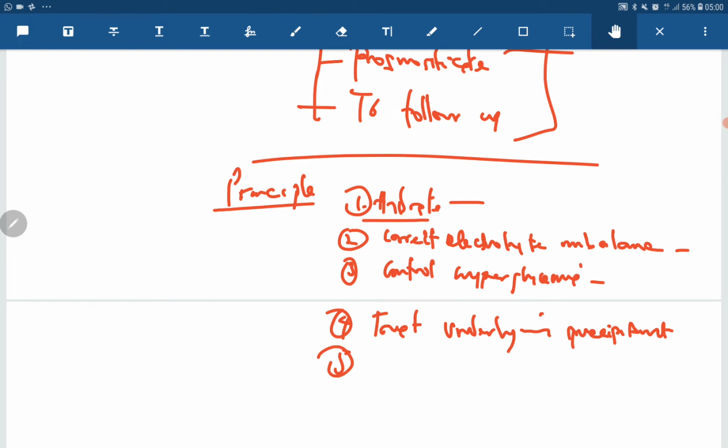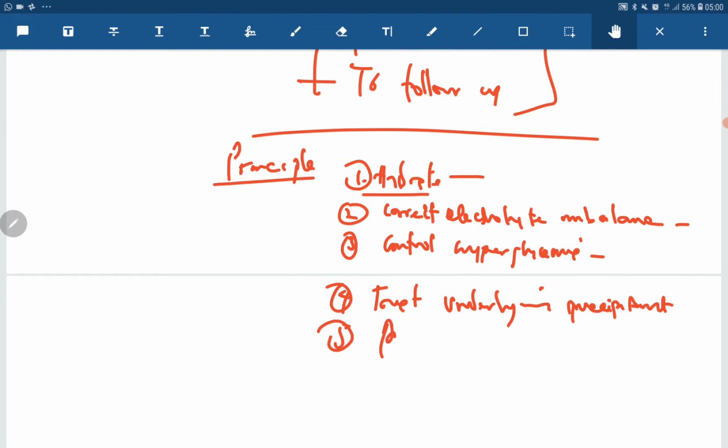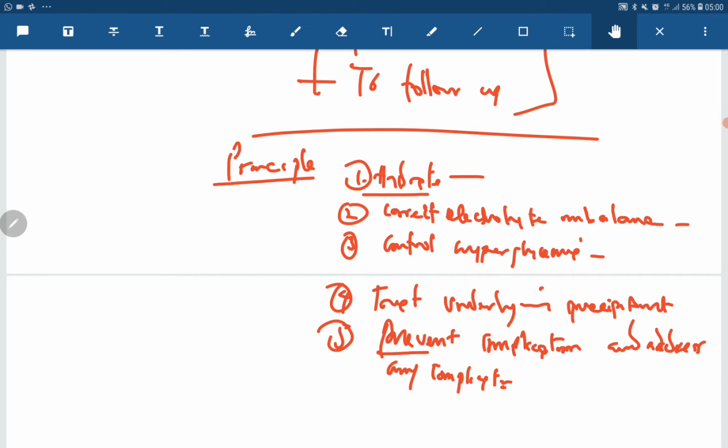Then 5, you want to prevent complication, which is very important, and identify and address any complication if there is.